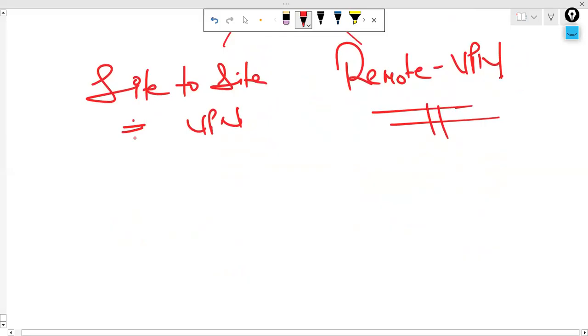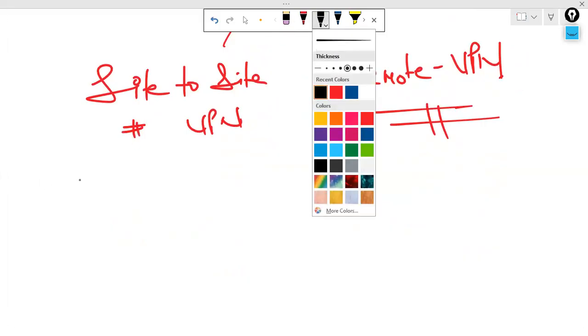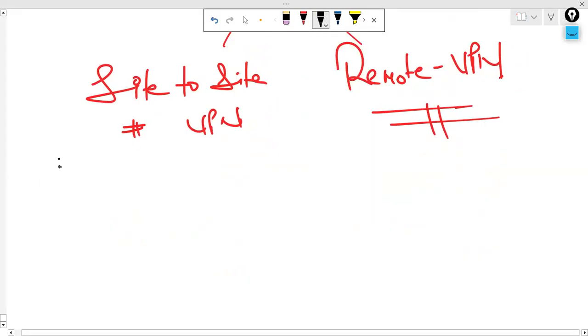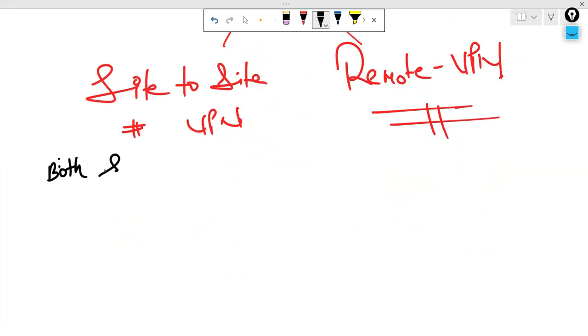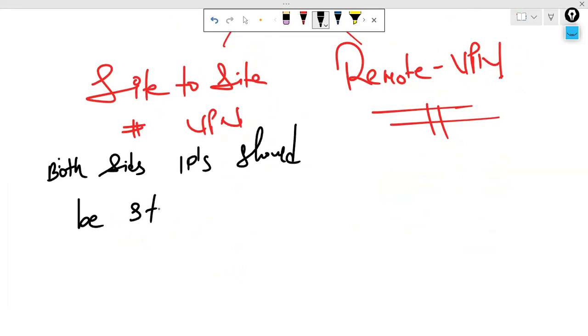Site-to-site VPN means on both sides the IPs should be static, and it's always public. VPN is always between public IPs. It can be between private also, but there is another VPN concept for that.